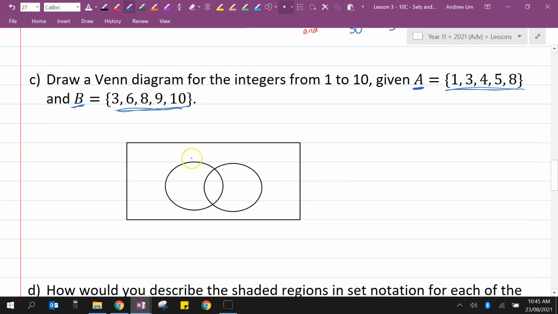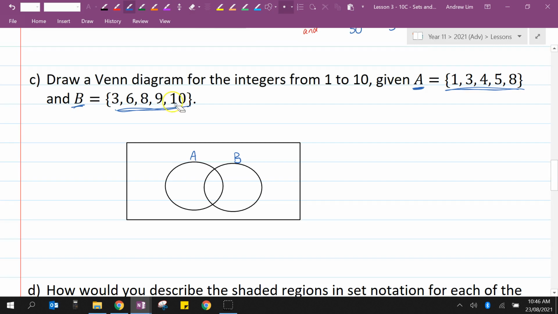So I'm going to label this set A and set B. Otherwise the examiner won't know which set you're referring to. So make sure you always label it and have that rectangle on the outside. Often students forget to draw that rectangle, but there might be numbers that don't belong to either set.